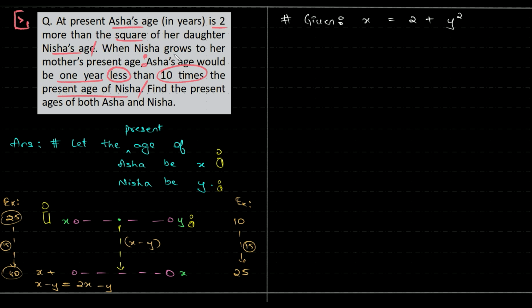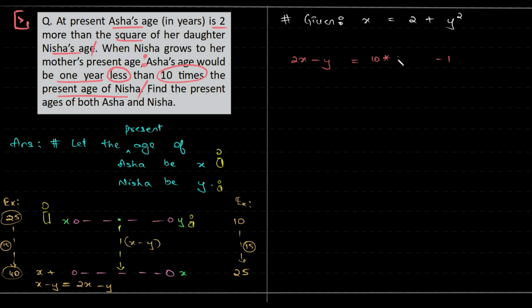When Nisha grows to her mother's age, in the future, Asha's age is 2X minus Y, which equals 1 less than 10 times the present age of Nisha, which is Y.